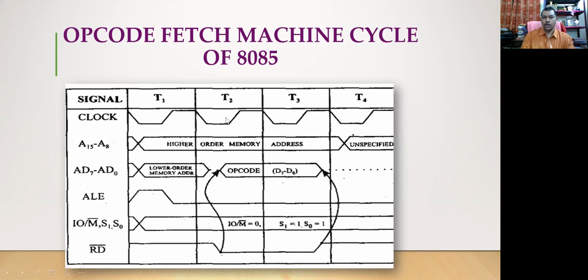So these are the clock pulses over there. And accordingly, what will be the positions of the address bus, that is the higher order address bus, A8 to A15, then the lower order address and data bus, that is AD0 to AD7. So this is how it's going to work. Then what is the position of address latch enable over here?